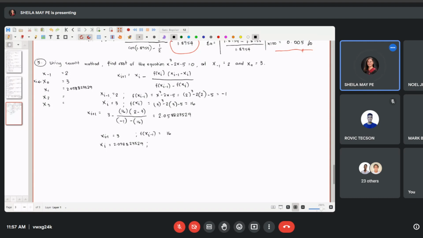Function of our x sub i, that's 2.058823529, so that's negative 0.39072923.